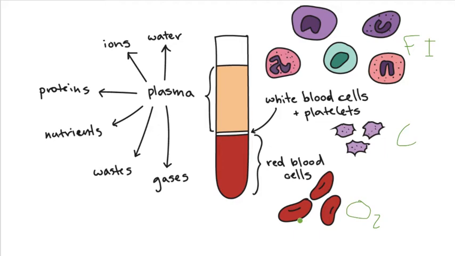Oxygen is carried by red blood cells, and the white blood cells and platelets help to fight infection and cause clots. Plasma is really important. Imagine if you digested your lunch, then you want the plasma to take all the things that you've digested to the various places in your body.